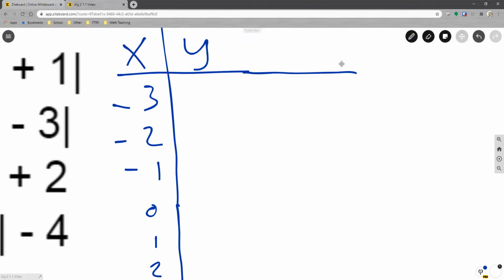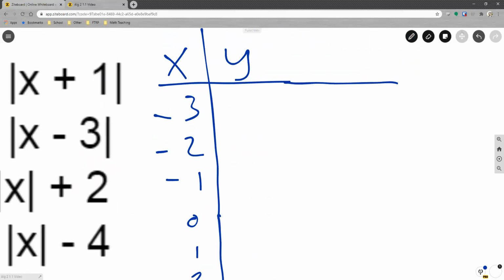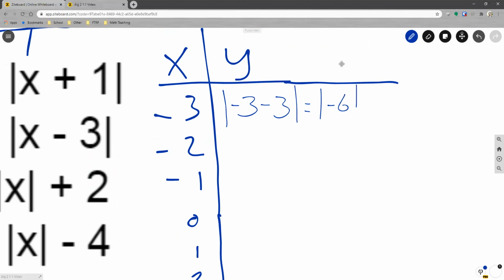And our equation in this case is the absolute value of x minus 3. So I'm going to plug this into the absolute value. My x value is -3, plug that in. I'm going to subtract 3 from it. Well, that's going to give me the absolute value of -6, which is going to give me a value of +6. I'll very quickly go through these.